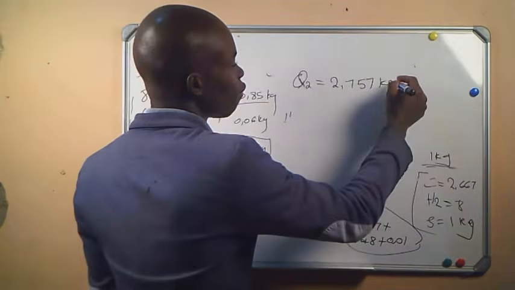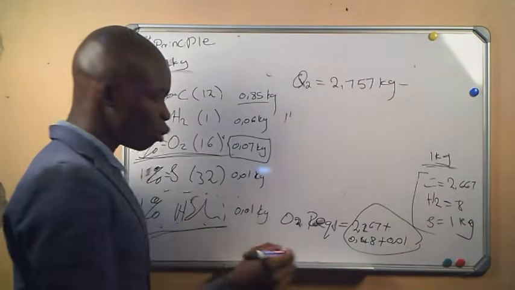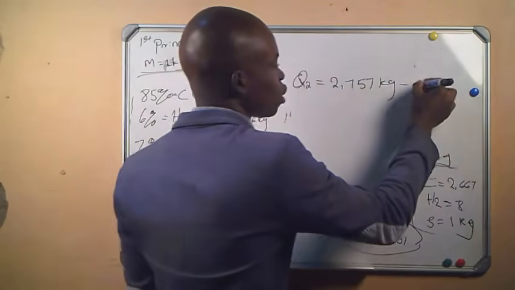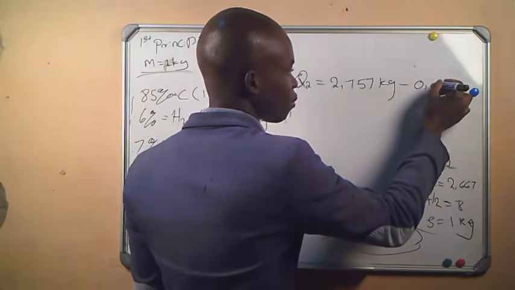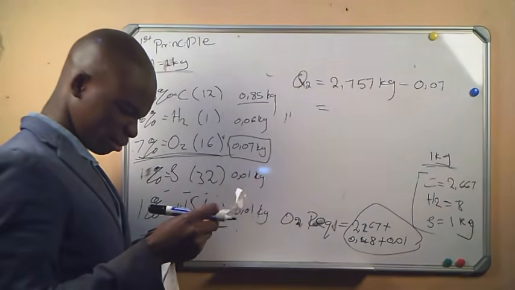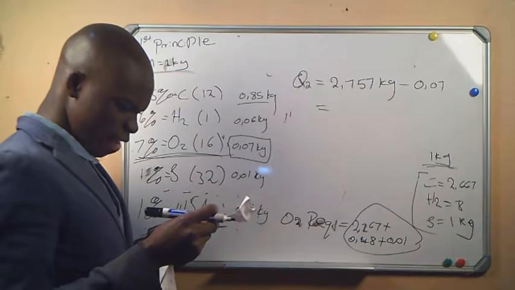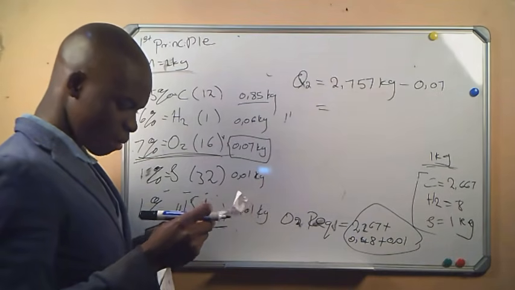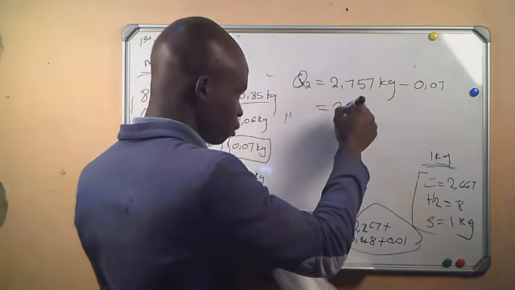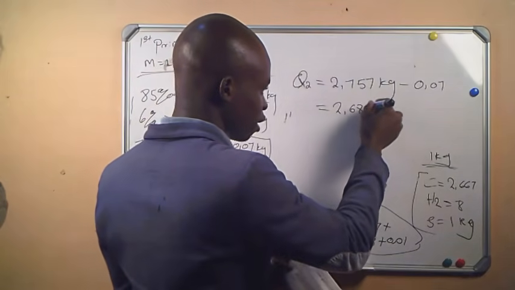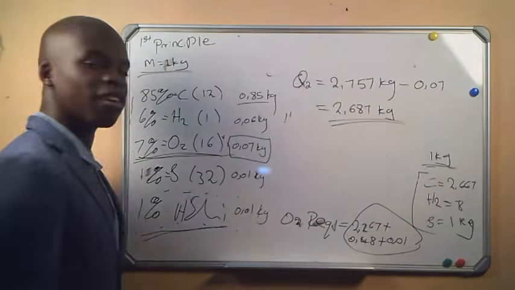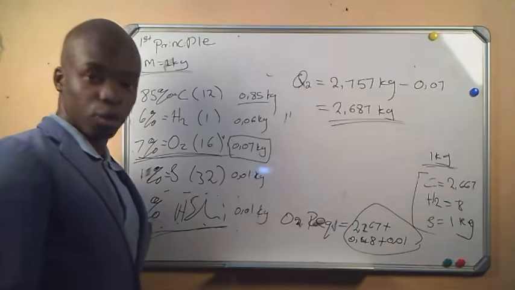So from this oxygen that we have, we will minus the oxygen that we are already in possession of, which is 0.07. And then now I got my answer as 2.687 kg.